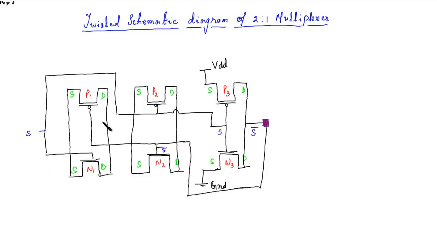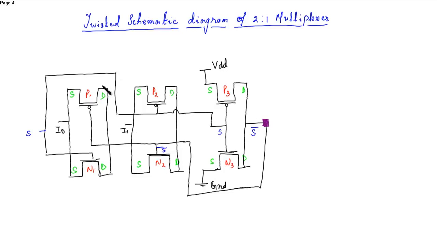Now the only thing left is connecting the drains in order to obtain the output and giving the inputs. So this is I0 and this is I1.